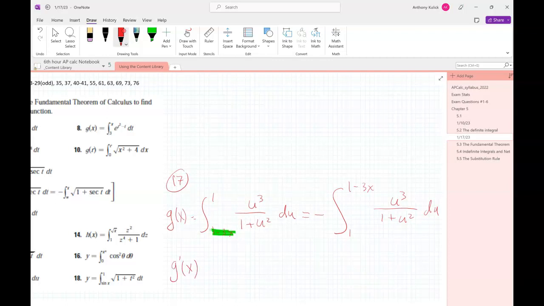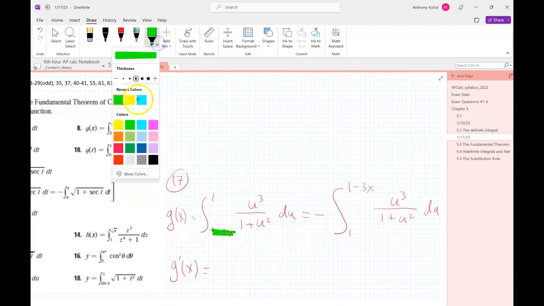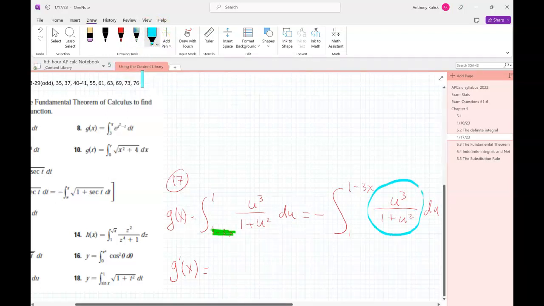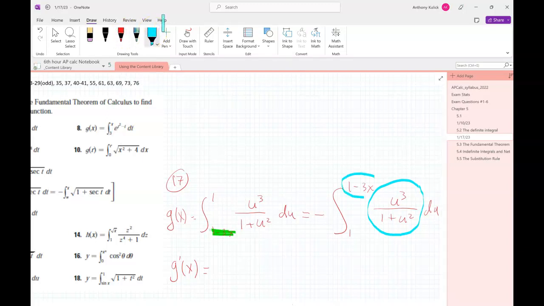Okay. So the derivative of g of x is going to be the function with that plugged in times the derivative of that.